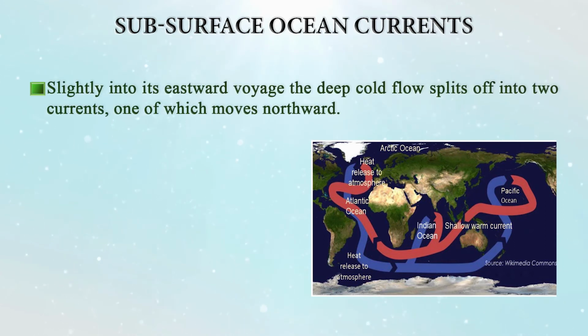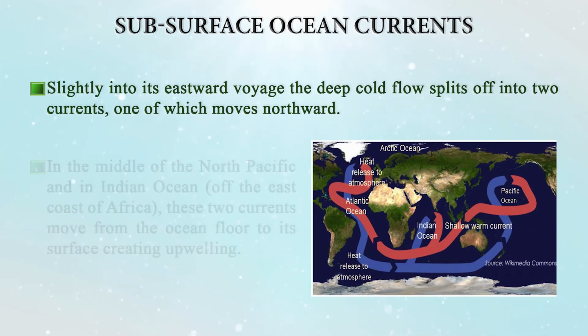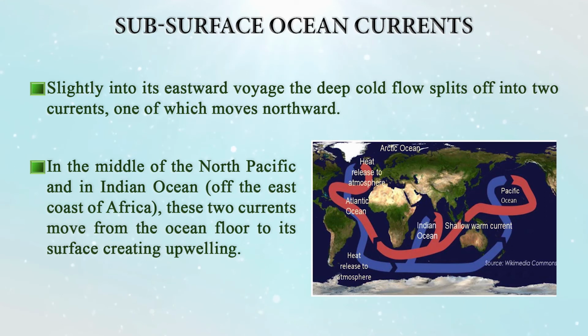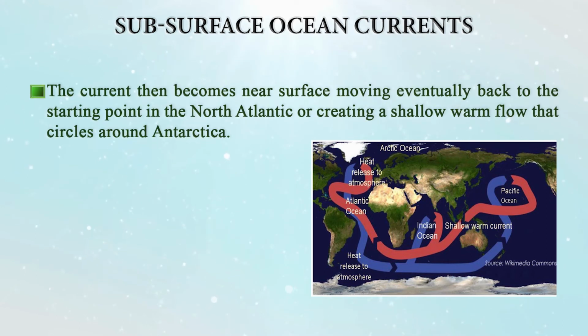Slightly into its eastward voyage, the deep cold flow splits into two currents, one which moves northwards in the middle of the North Pacific and the other in the Indian Ocean off the east coast of Africa. These two currents move from the oceanic floor to the surface, creating upwelling. The current then comes near the surface, moving eventually back to the starting point in the North Atlantic, or creating a shallow warm water that circles around Antarctica.